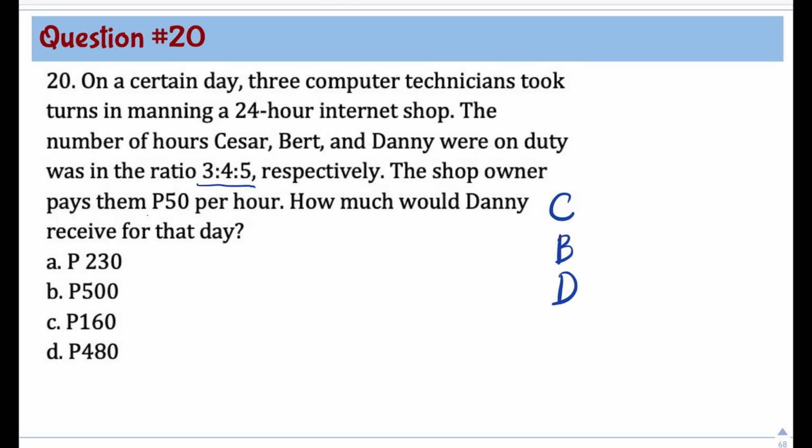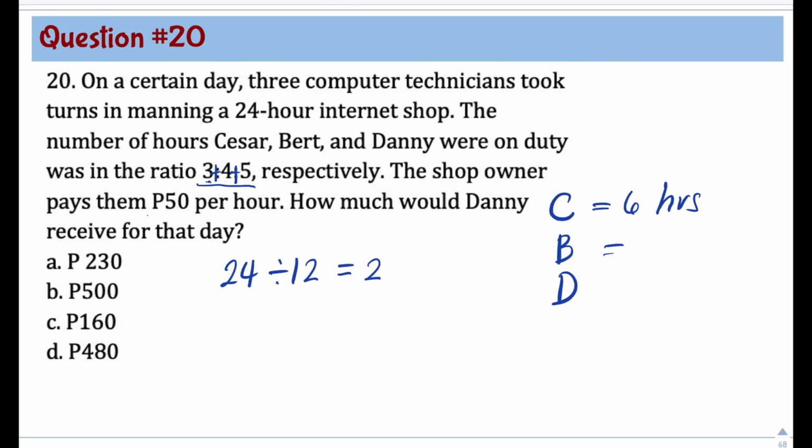The 24 hours is not split up equally among these 3 people. So to find how many hours they each work, we need to do 24 divided by 12, which is the sum of 3, 4, and 5. So dividing 24 by 12, that means it's 2. Now you need to do 3 times 2 for Cesar. That means 6 hours.